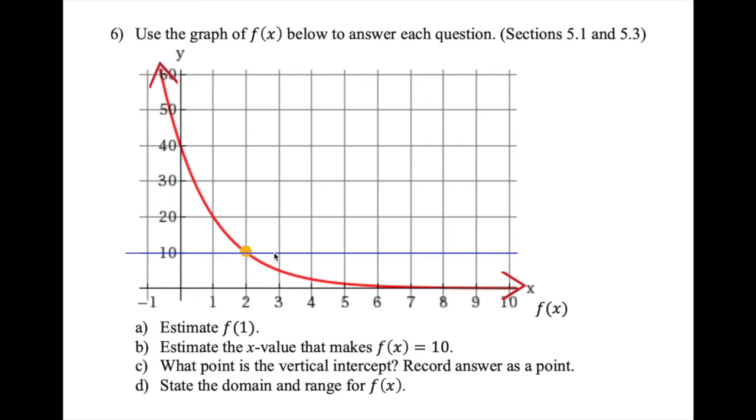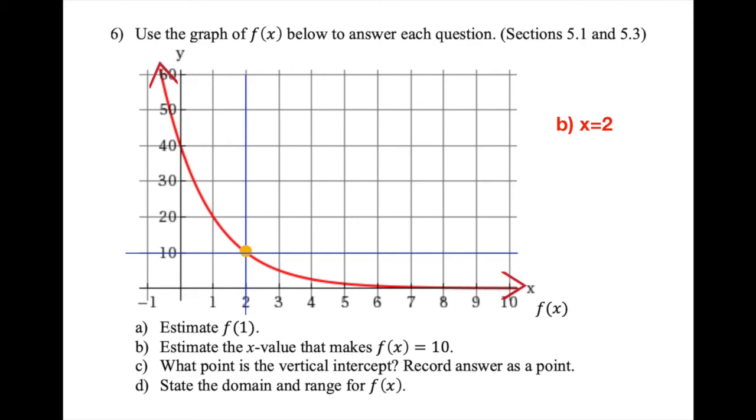And this yellow dot is the point we are interested in. We want to know its x value. So we will draw a vertical line here and see it hit the x-axis at x equal to 2. So that means when x equal to 2, f of x equal to 10.